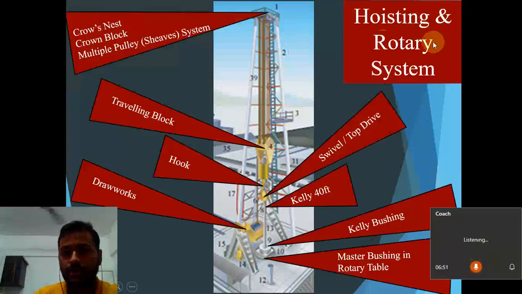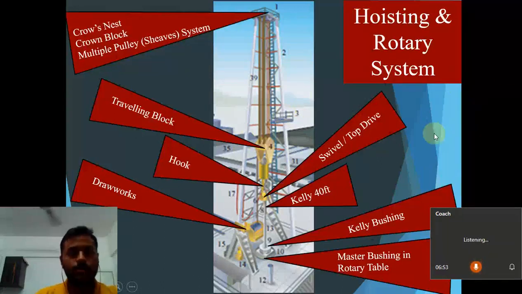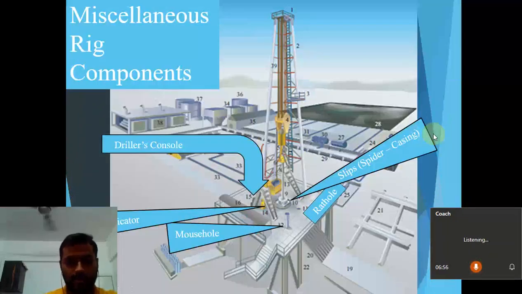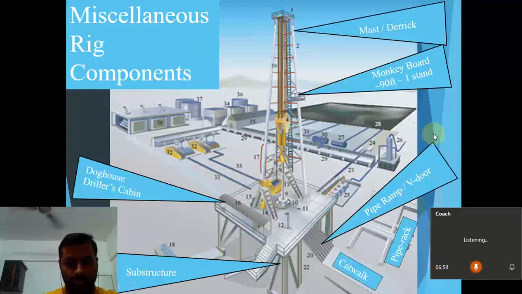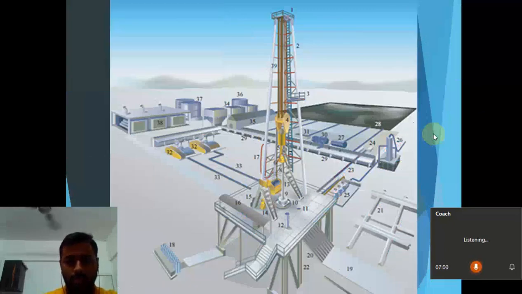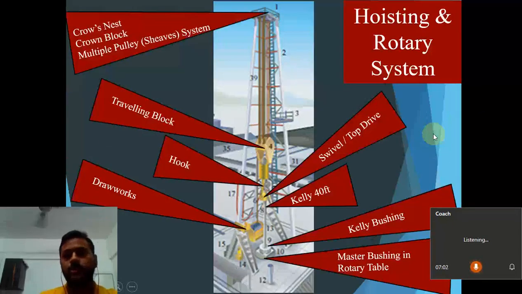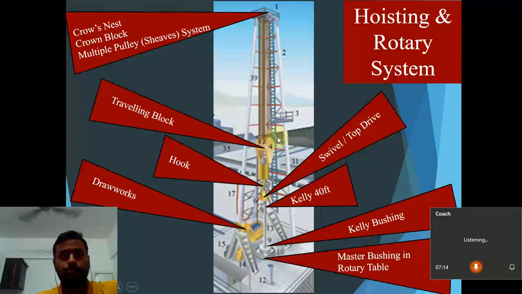Now comes the hoisting and rotary system. We will start from the drawworks. We must understand that we have our drill string, and on the bottom of that we are attaching the bit.